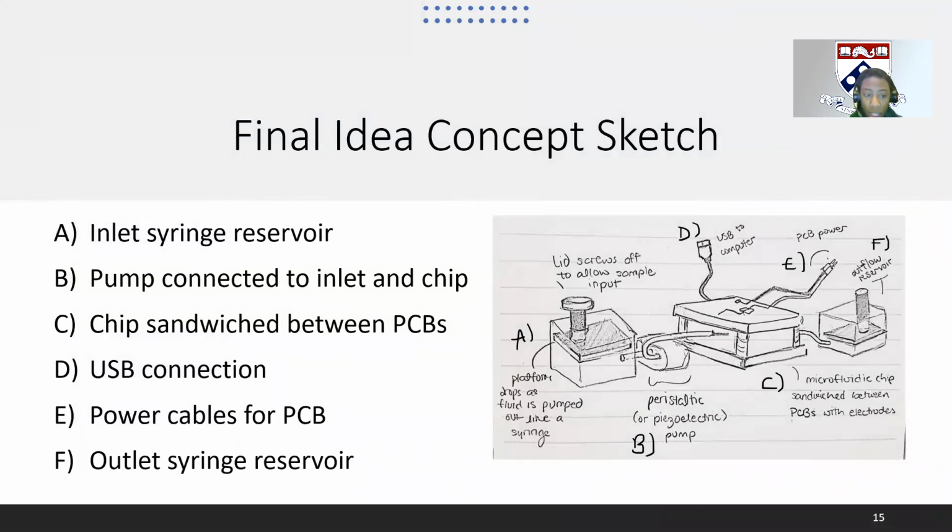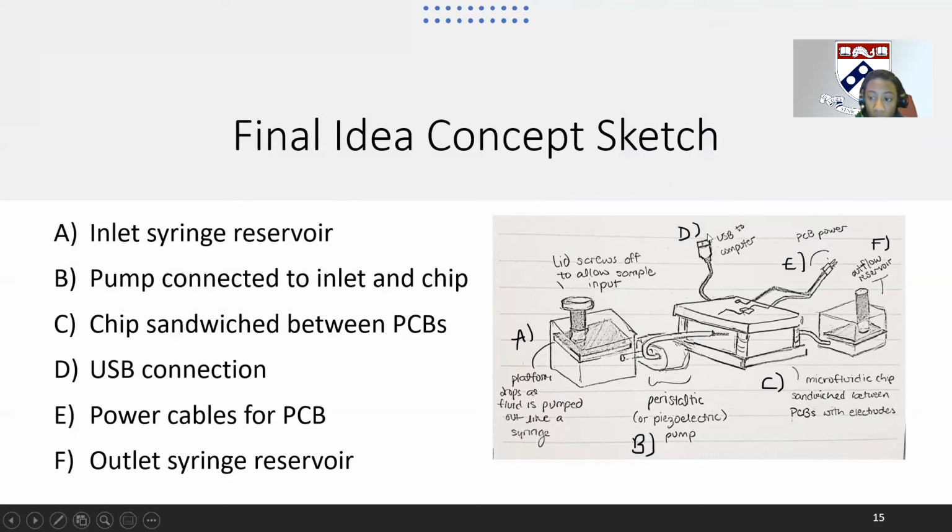Our final idea, based on all of those down selections, is a system as is shown here, where you initially have the inlet syringe reservoir, which feeds into a peristaltic pump. The pump is connected to the microfluidic chip, which is sandwiched between two PCBs, where the electrodes would be able to interface with the computer.